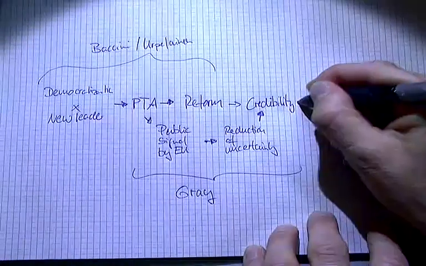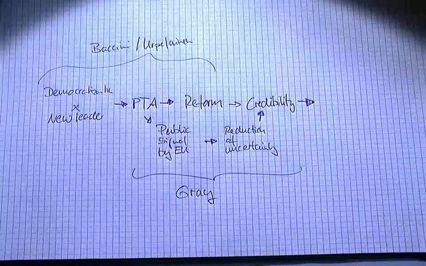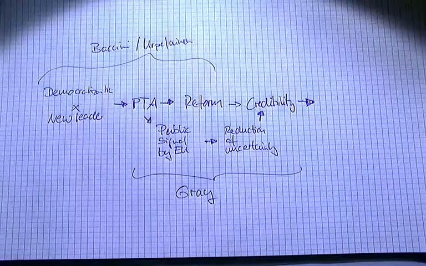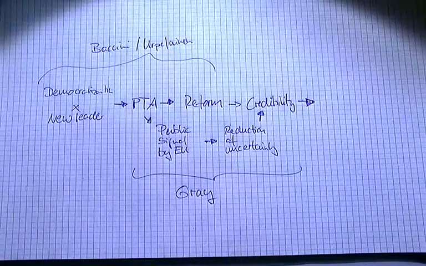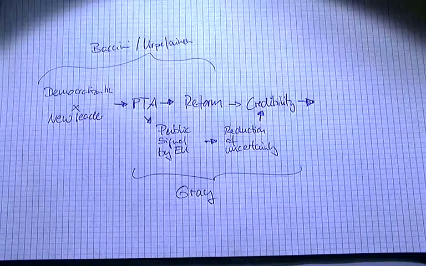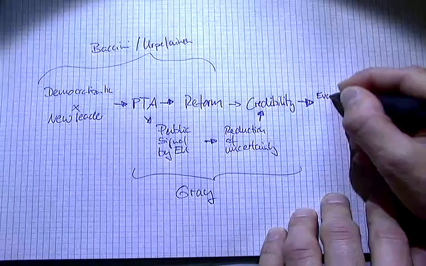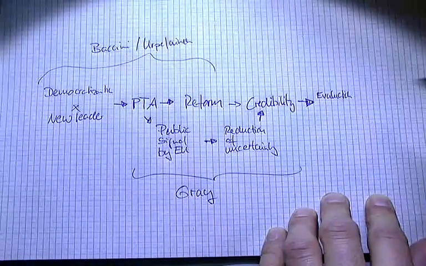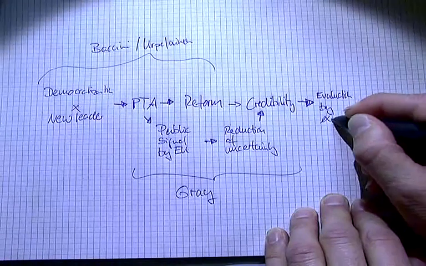If you have a PTA, this leads to reform, this leads to more credibility, this leads to better evaluation by firm leaders, right? So this is the evaluation of a country by firm executives.